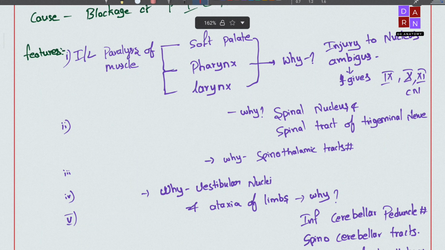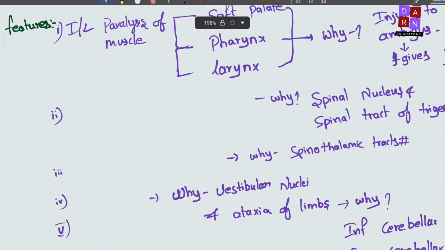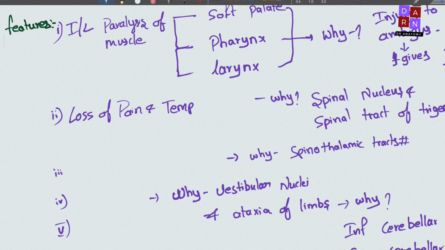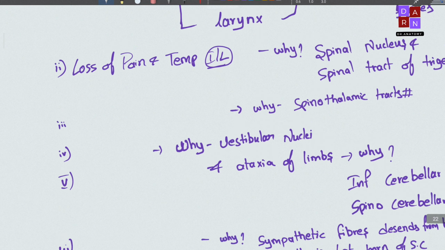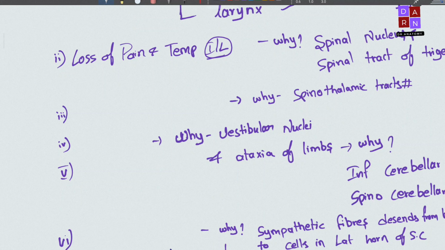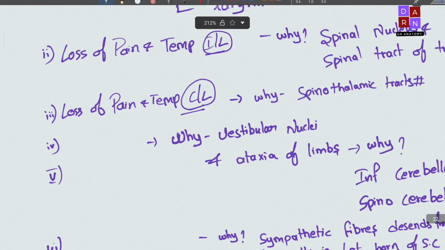The second clinical feature is loss of pain and temperature on the face, which is ipsilateral. The third clinical feature is loss of pain and temperature contralateral, on the opposite side of the body.